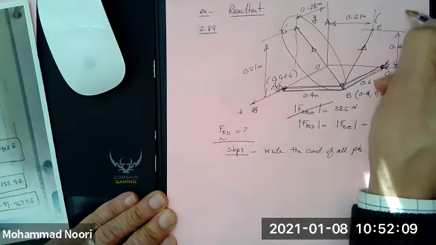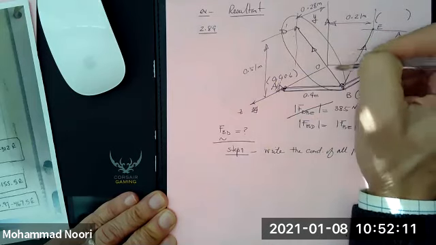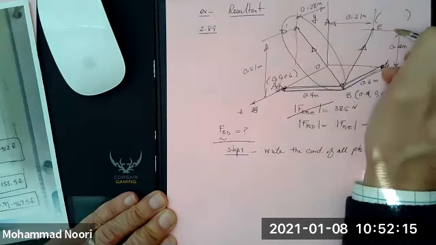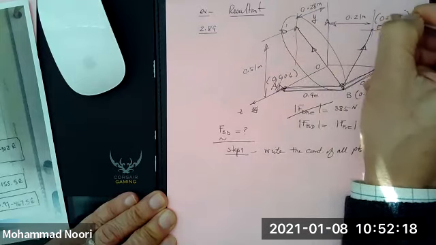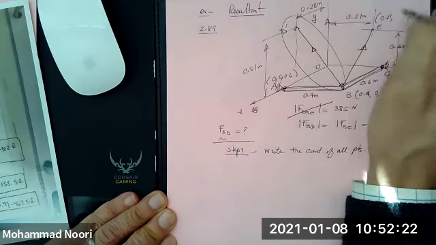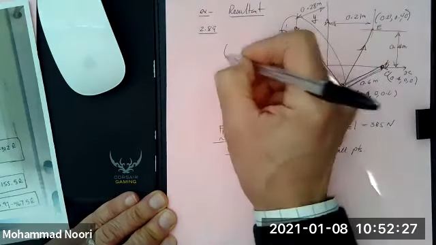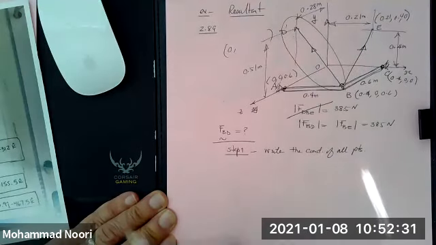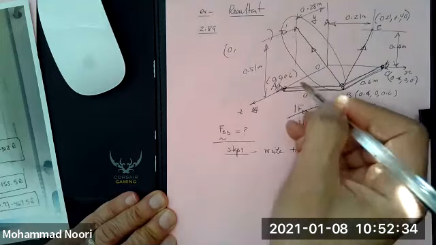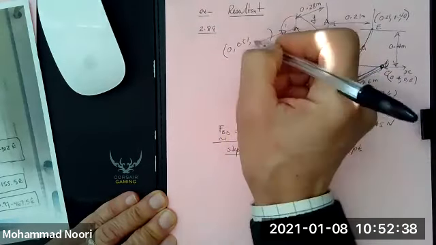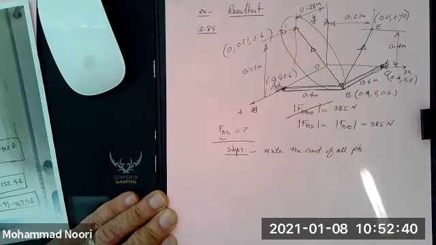Point E, which of course we don't need for this problem, but nevertheless I write it down, is on the XY plane, so it has no Z. Its Y is 0.21 and X is 0.4. Point D is on the YZ plane, so it has no X, its Y is given as 0.51 and its Z is given as 0.6.